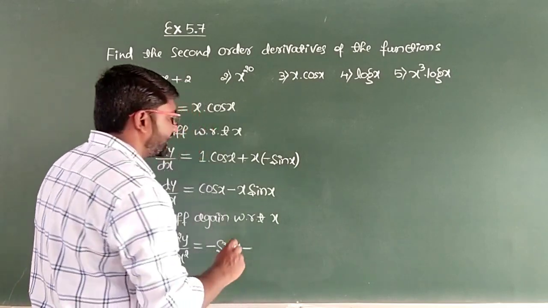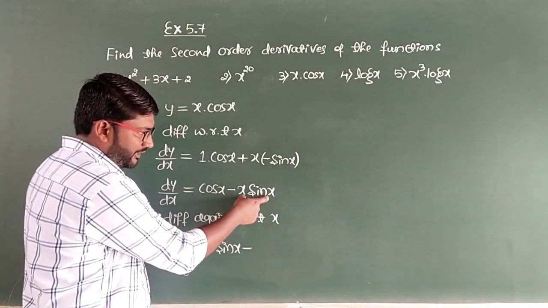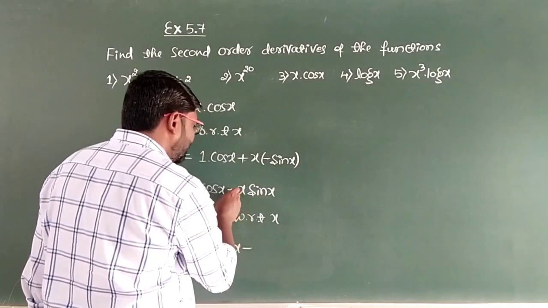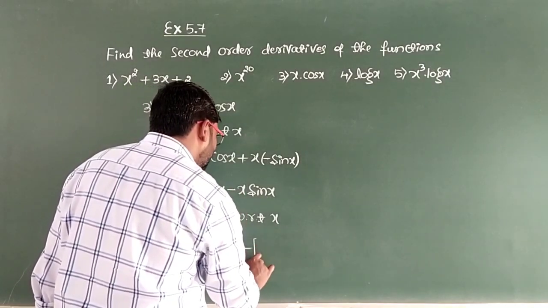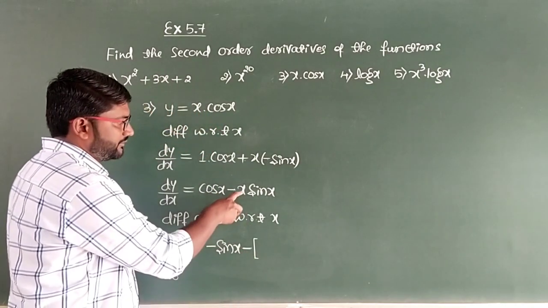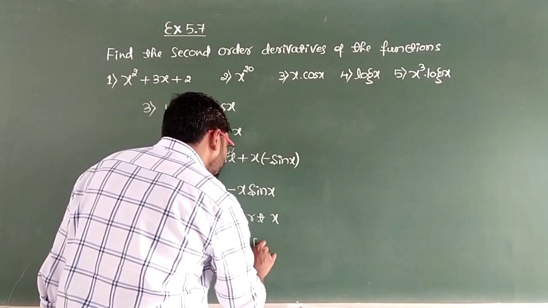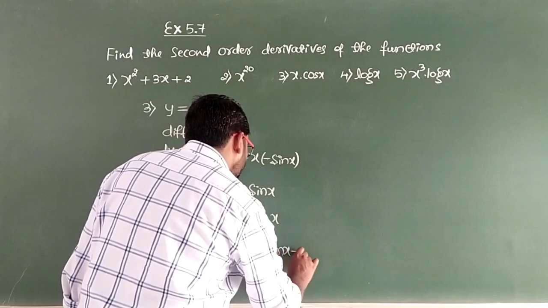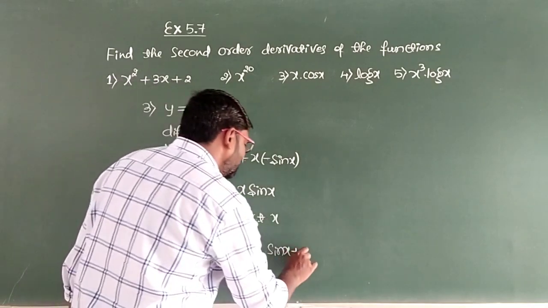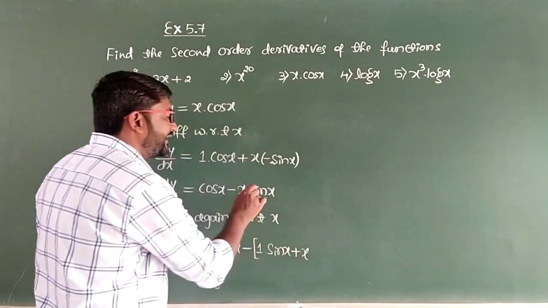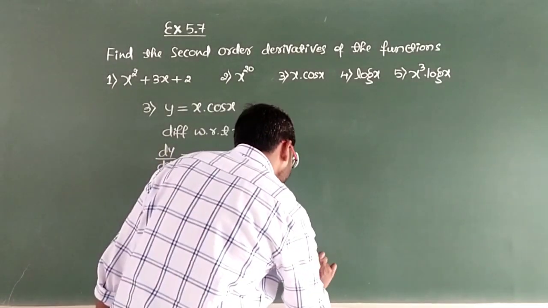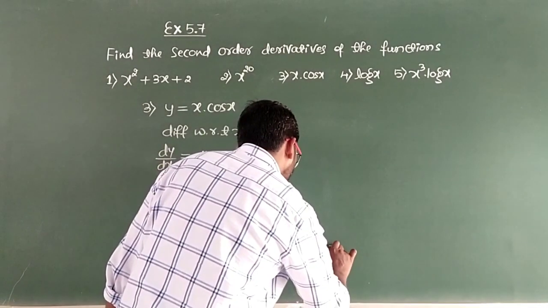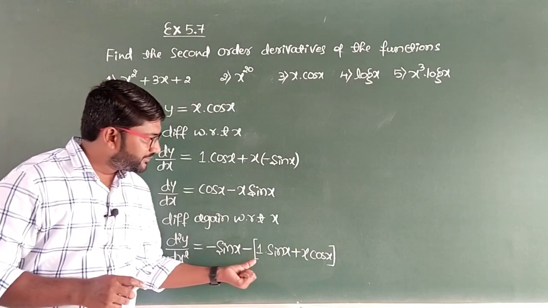Now minus, write it as it is. Then again we have to make use of the product rule here. Since there is a minus sign, I will be considering the bracket now. Derivative of x, it will be 1, so 1 into sin x, plus, now write x as it is, then derivative of sin x, it will be cos x. Well, so let us continue from this step.